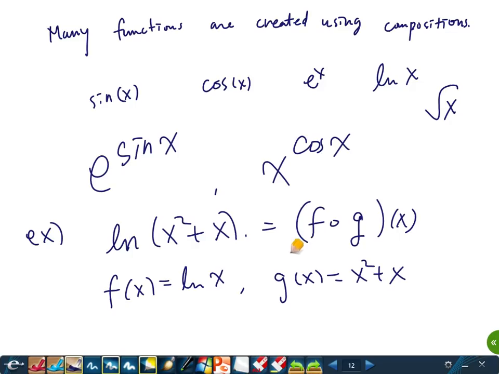If you have more things, we can compose more and more, g and h. By using composition, you can make our set of functions huge. Any question? All right.